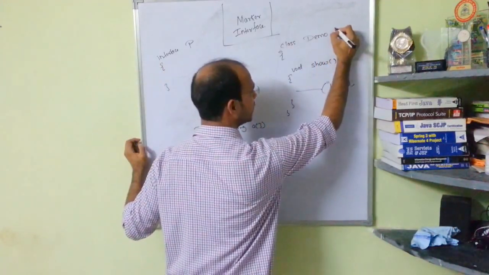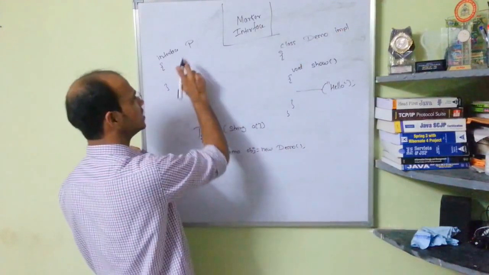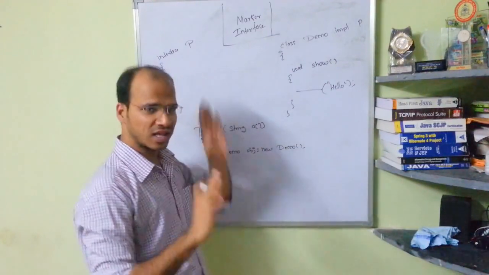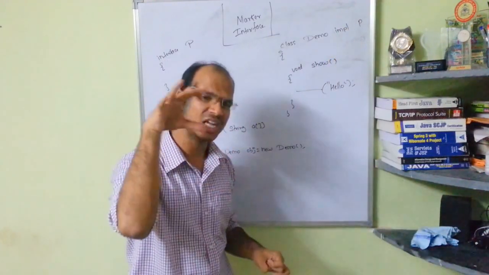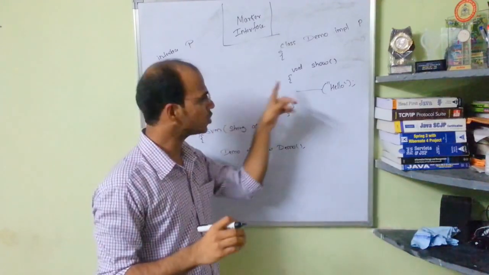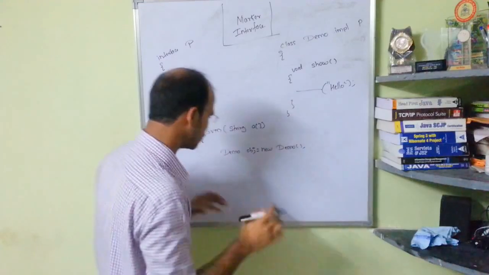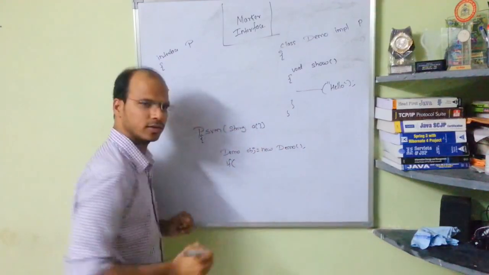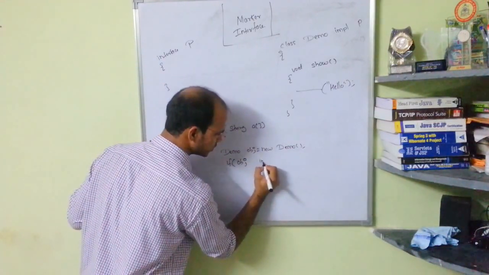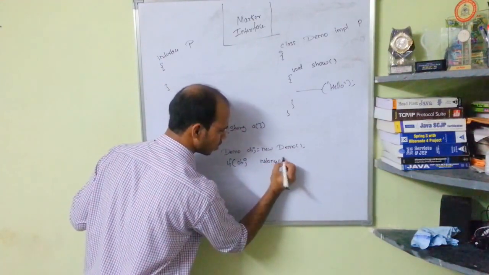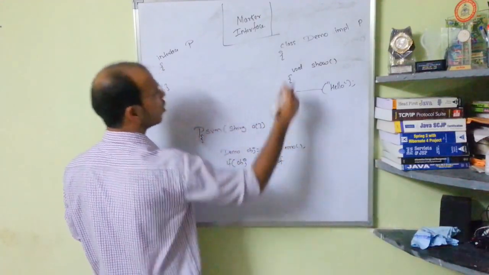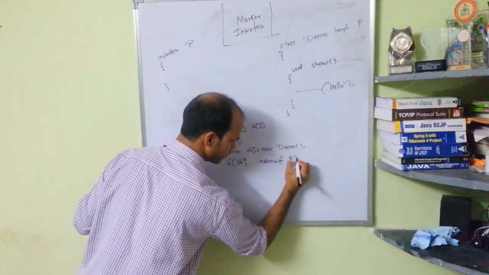Still I am implementing this P here, so that I can check if any class implements P, then we can call those methods. To check this, we use a keyword called instanceof.